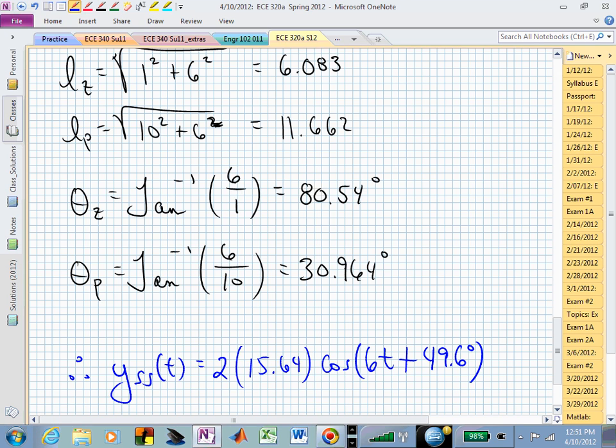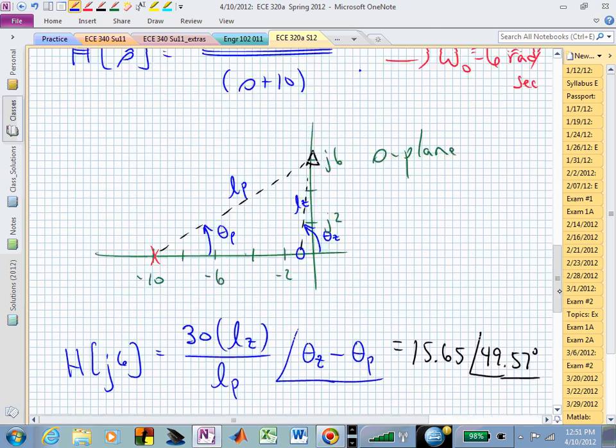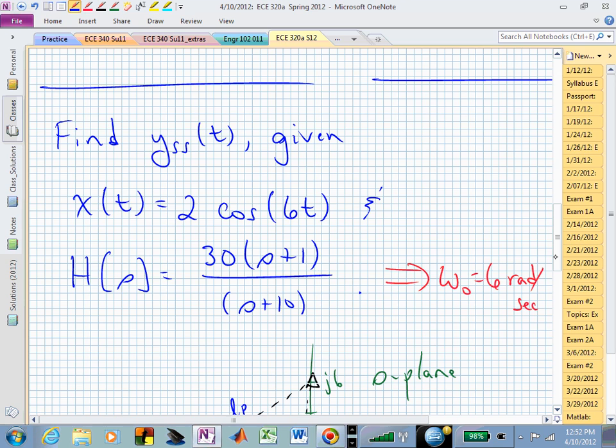So the question was, does this work if x, which is what we're exciting the system with, is a cosine or a sine? The answer is it works with either one. You just have to maintain that argument or that expression in your answer. Meaning if you start with a sine, you better end up with sine so that you keep your phase shift correct.